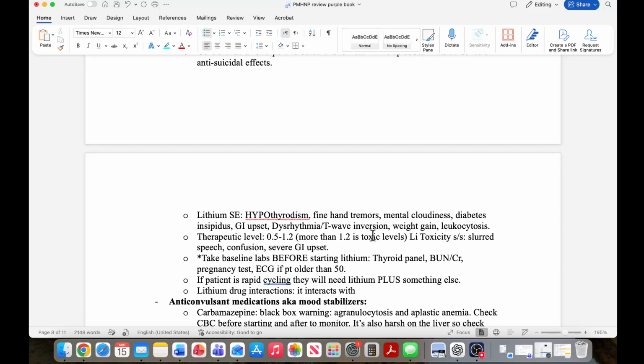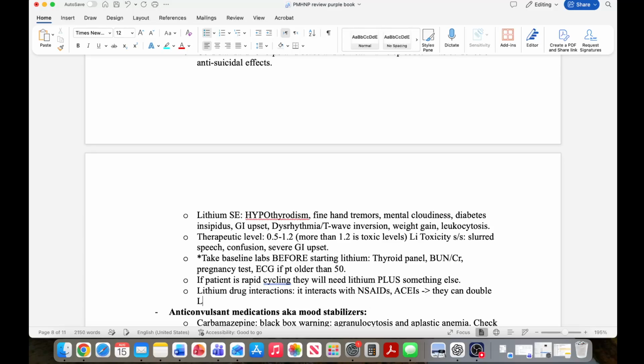Oh, what was I doing? Lithium interacts with NSAIDs and ACE inhibitors. It says they can double lithium levels. That's not good at all, right?